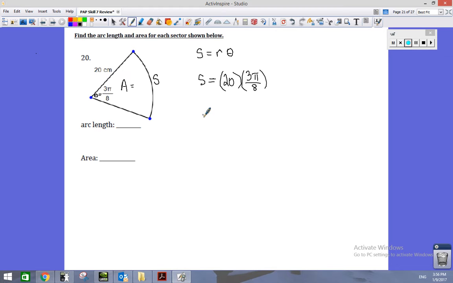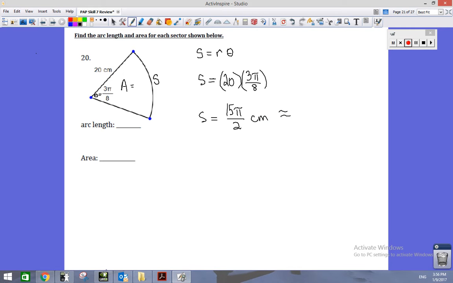If I multiply these together, I get 20 and 8 share a common factor of 4. So that's 5 times 3, 15 pi, and I canceled out a 4, so here a 2. And this has lengths of centimeters.